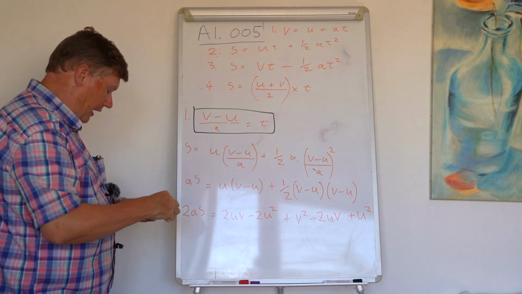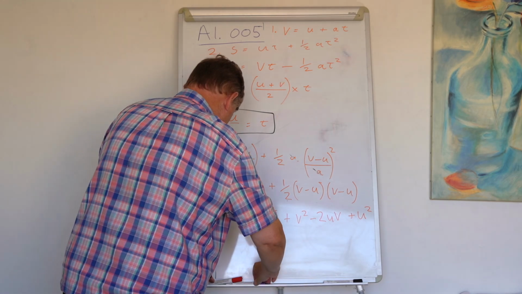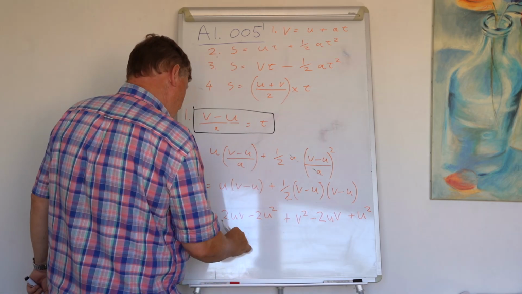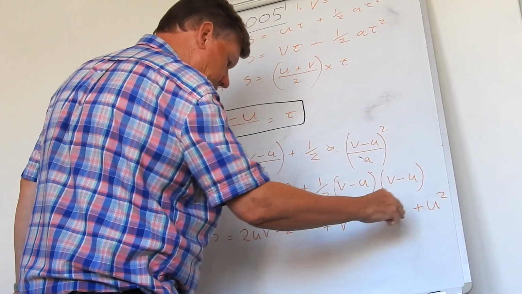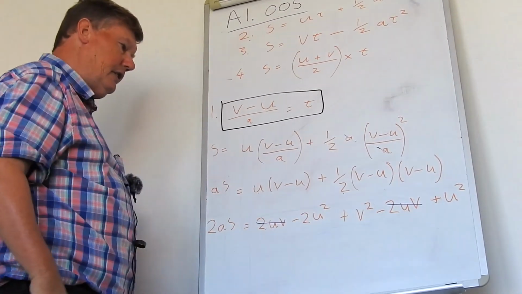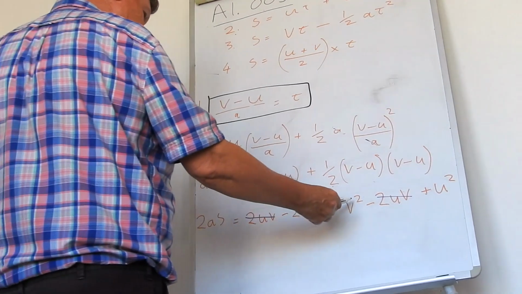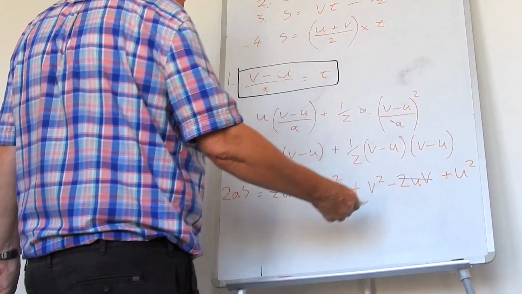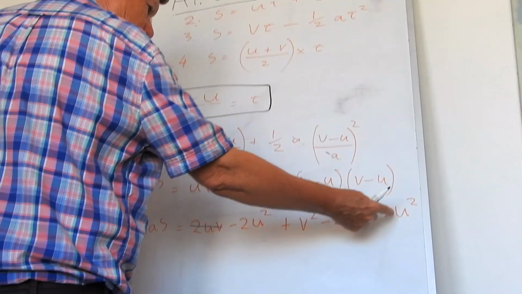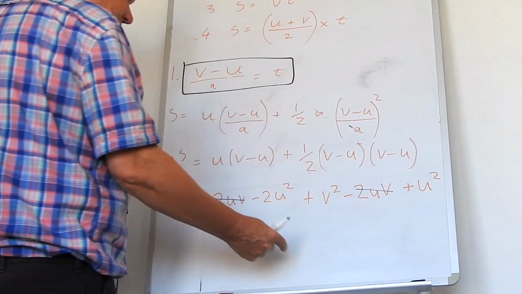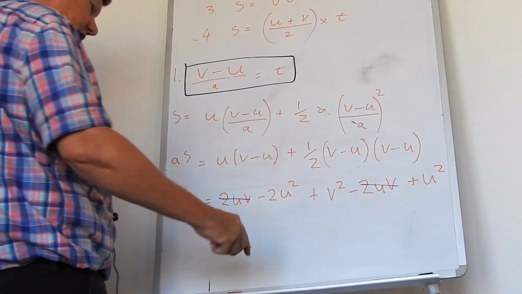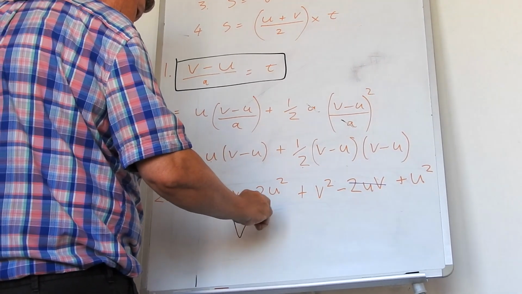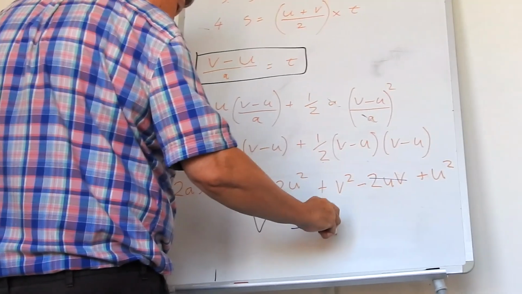Now look carefully, everybody. This is great. I love cancelling. I've got 2uv take away 2uv, so that cancels out. I've got a plus v squared, nothing to cancel against it. But look carefully here. I've got a plus u squared take away 2u squared. So it simplifies down to v squared minus u squared.